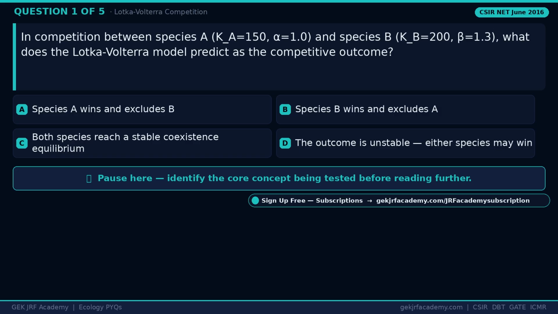The competition coefficients are alpha equals 1.0, which measures how much species B suppresses species A, beta equals 1.3, which measures how much species A suppresses species B. The 4 options are: species A wins, species B wins, both reach a stable equilibrium, or both reach an unstable equilibrium. Pause here. Before reading on, think about what these numbers mean. Which species is under more competitive pressure?